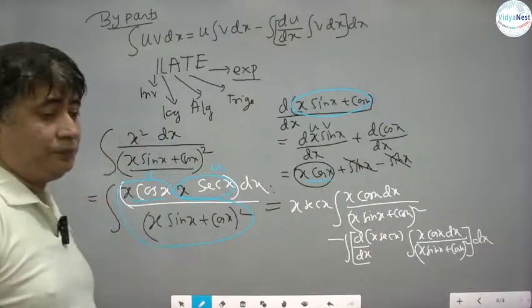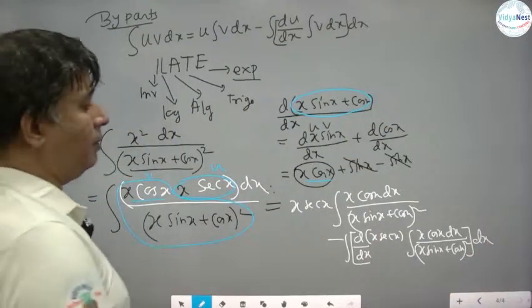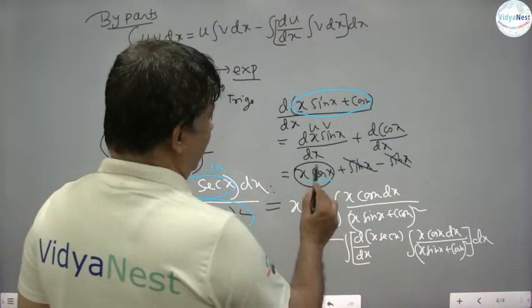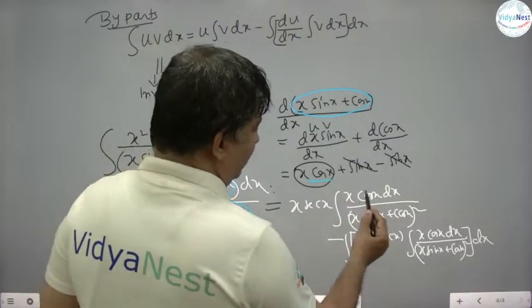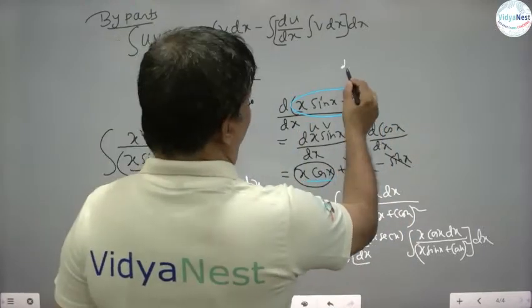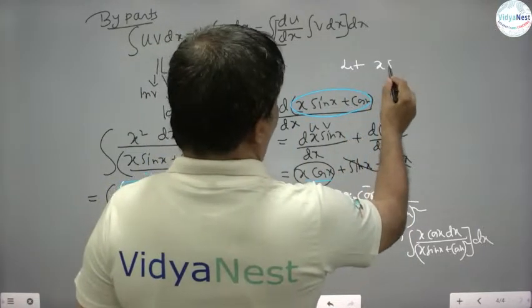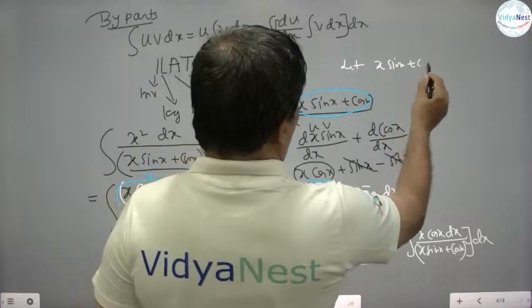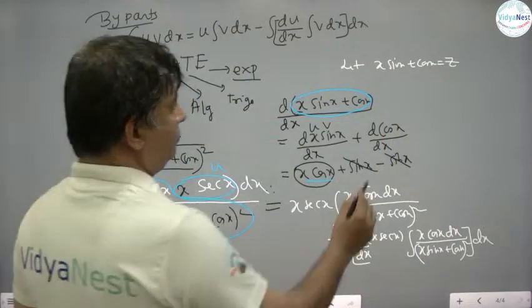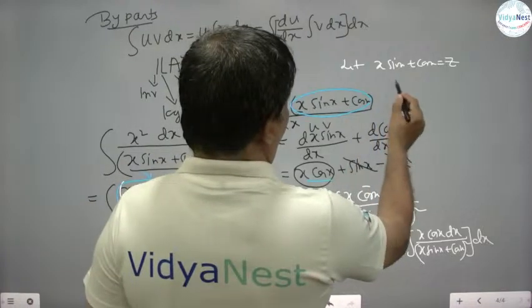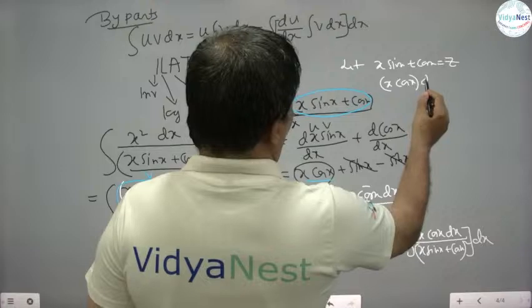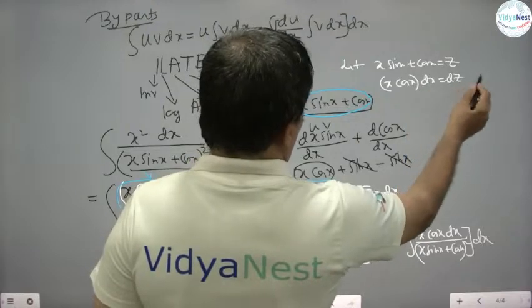Okay. Now, what about the integration of this part? If I take let x sin x plus cos x is equal to z, then x cos x dx is equal to dz.